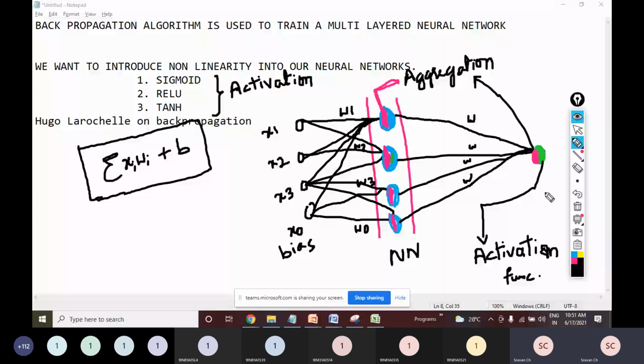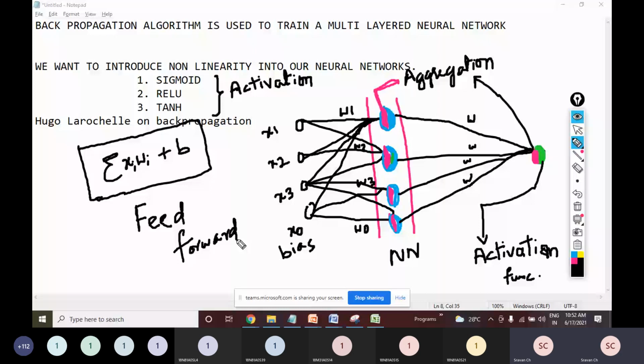This kind of network is called a feed forward neural network. Feed forward, the name itself says, my dear friends, feed forward. You are feeding the inputs and also weights, and you are moving forward. Inputs and weights are applied, I get some result, and that result is given to the next layer.